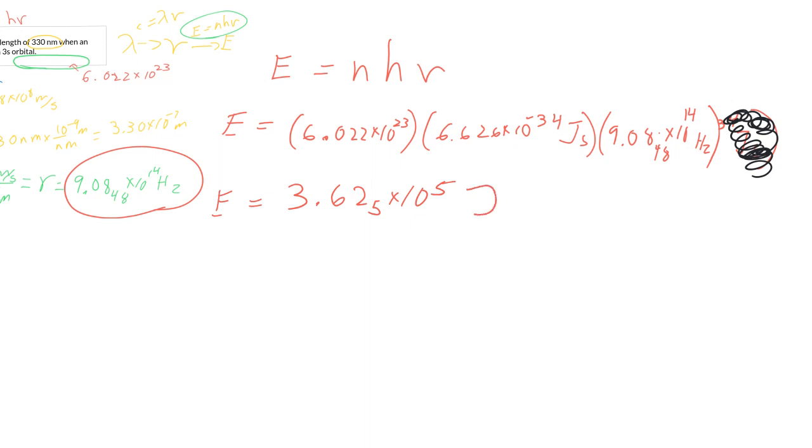Now this gives me joules per mole because this is photons in 1 mole, right? So this gives me units of joules per mole. They want kilojoules per mole, so I still have one more cutesy finishing step. 10 to the third joules in 1 kilojoule.